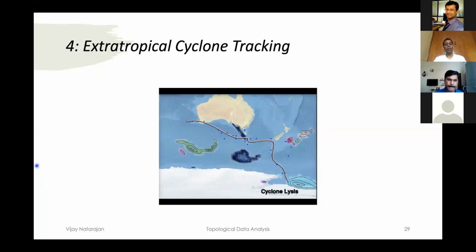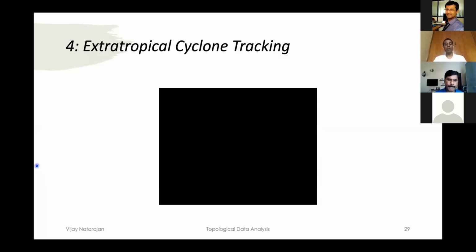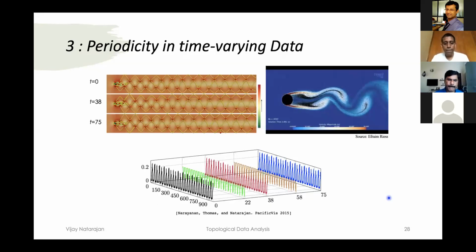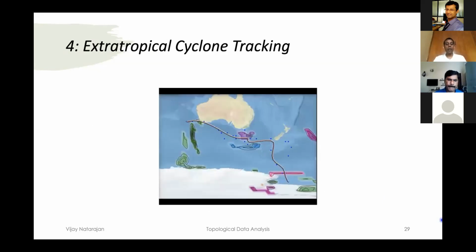So for example, in this video, what you see is a visualization of the cyclone. Let's see this again. You see the path of the cyclone shown here, and you will see the cyclone genesis right now, and you will see that the cyclone actually is a collection of multiple depressions.